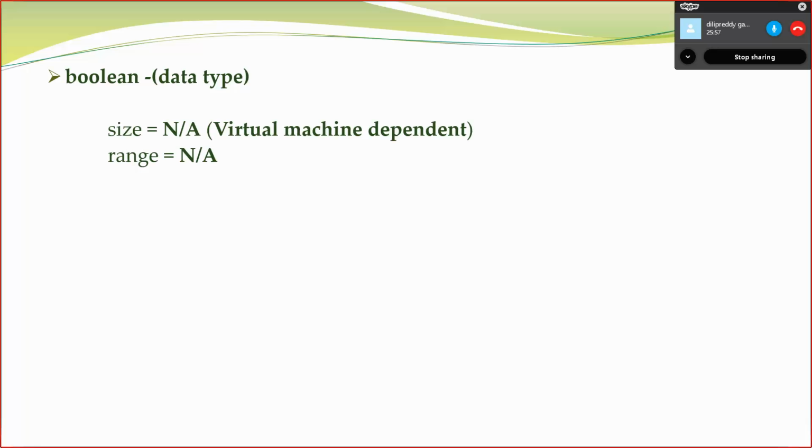Remember this boolean data type. For boolean data we don't have a fixed size. These are all dependent on the virtual machine. Suppose a virtual machine is running on a Mac, Linux or Windows, the size depends on the virtual machine. We cannot say what the size or range is; they will decide how much memory to allocate.